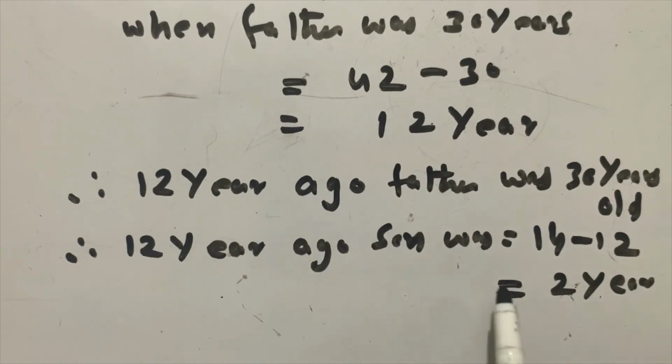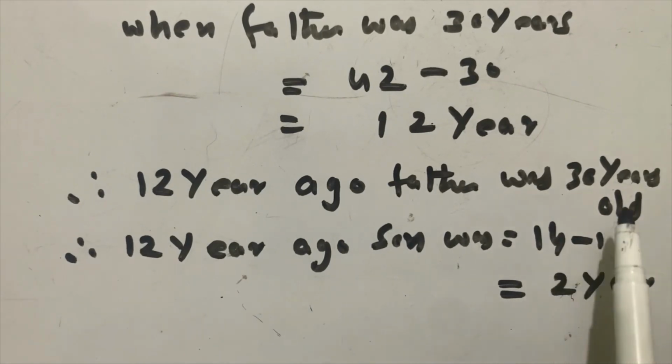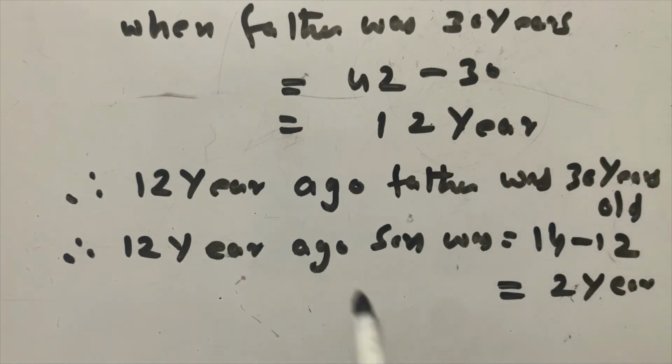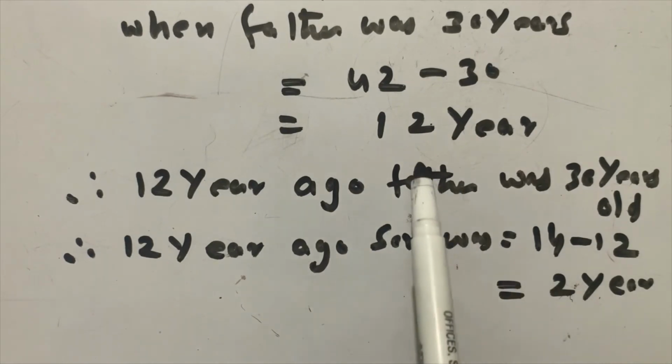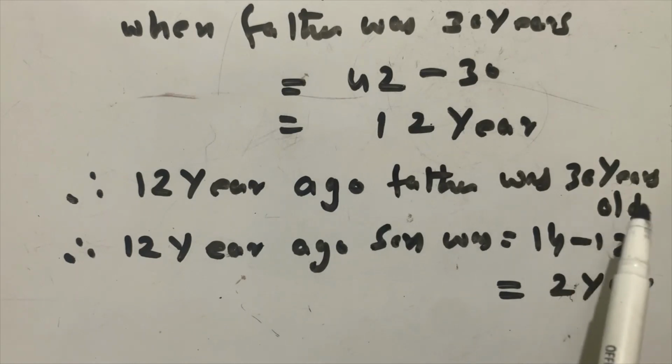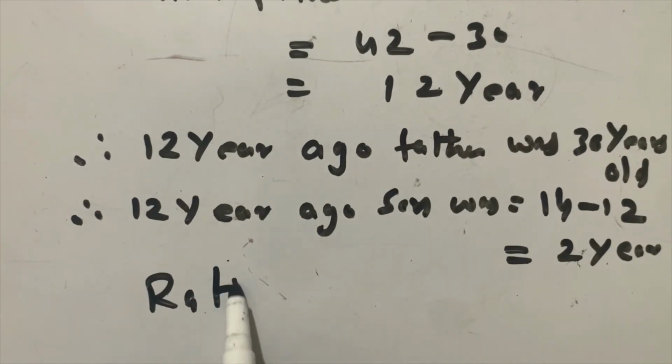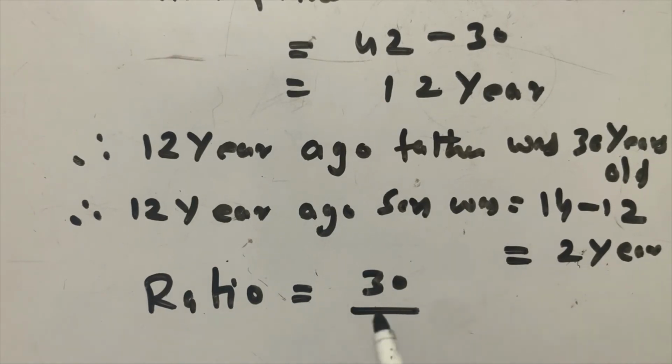So now we have to find the ratio between father to the son when father was 30 years old. The present is 42 years; 12 years ago father was 30 years old. Therefore, when father was 30 years, the son was 2 years old.